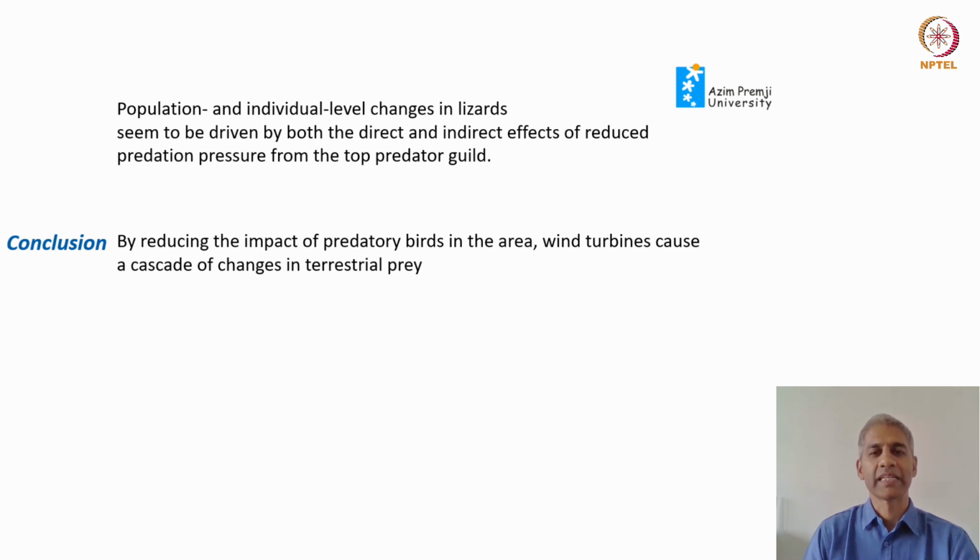So this is an example of what's called predator release. So you remove the top or the apex predator from that area, and so the prey experiences an increase in population. In some sense, they're saying that the windmill becomes the apex predator in that area.